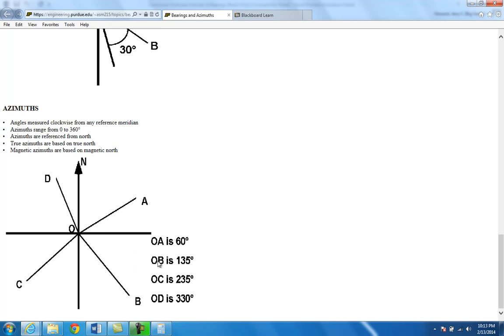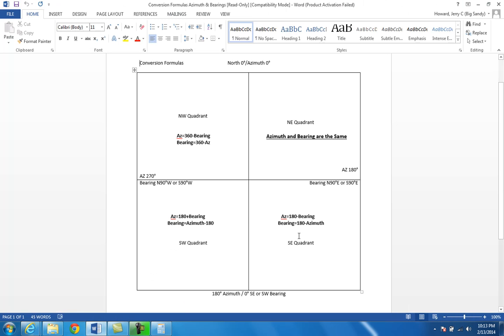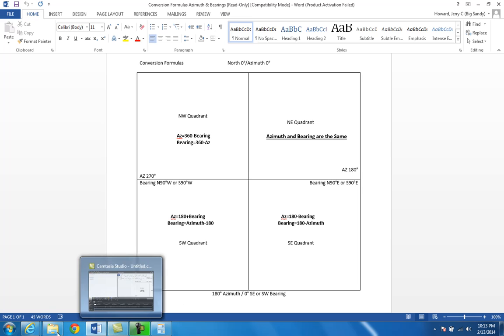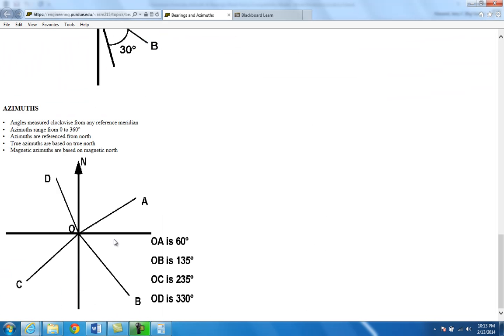In this one, O to B is a 135 degree azimuth, so we want to switch it to a bearing. What you want to find equals 180 minus your azimuth. So 180 minus 135.